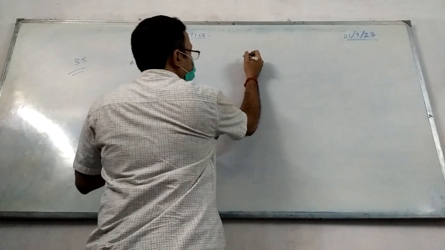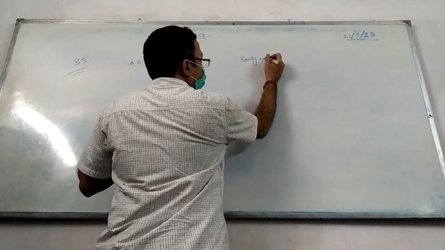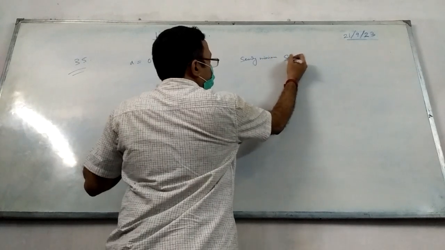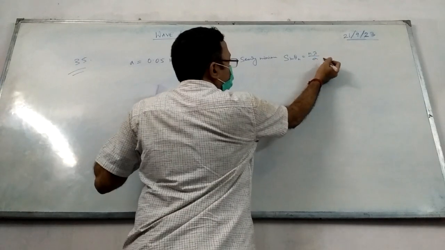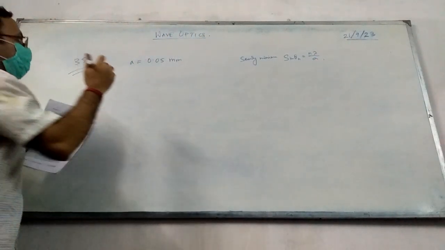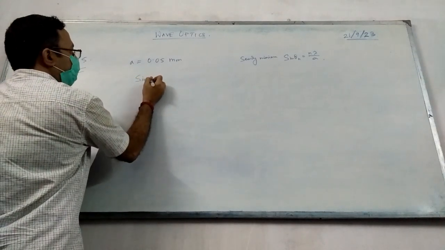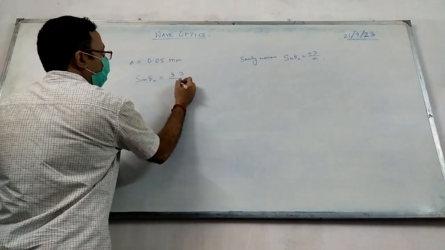Now remember, secondary minima take place at sin theta n is equal to n lambda by a. So they are asking you to find the third minimum. For the third minimum, sin theta n will be equal to 3 into lambda by a.